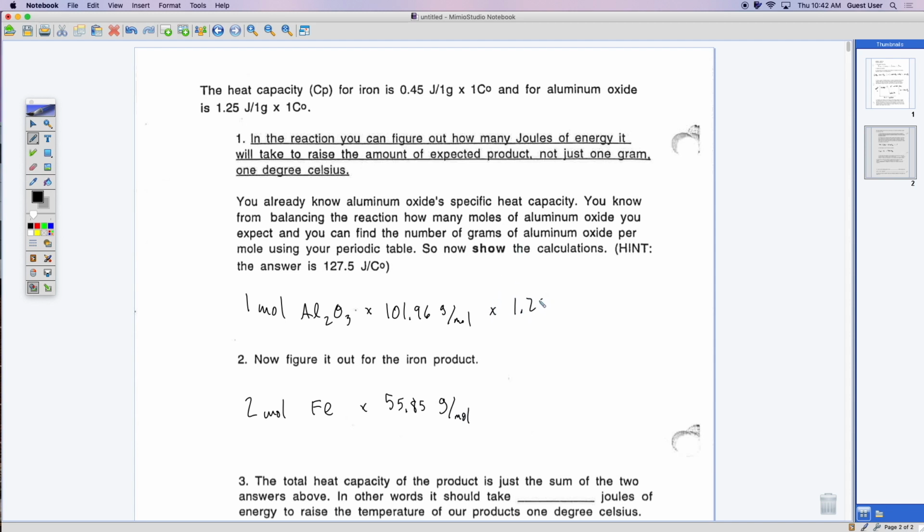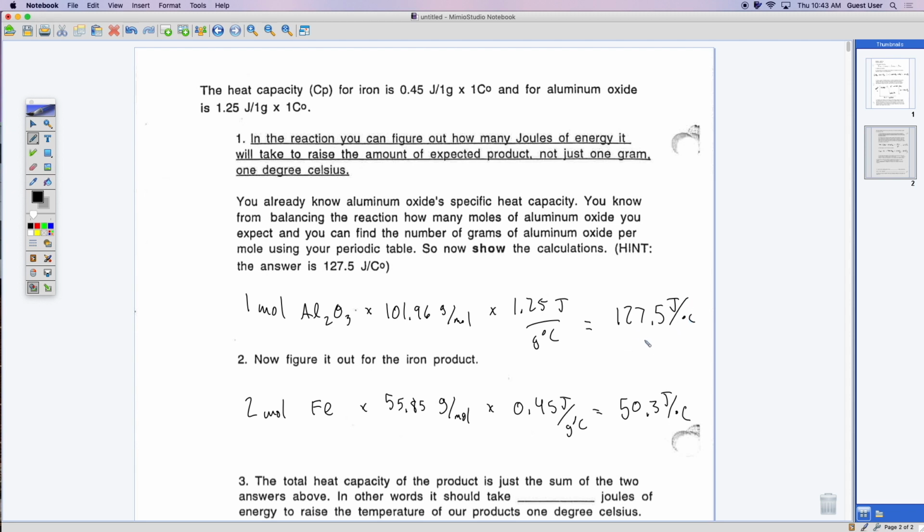For this one, it's 1.25 joule per gram degree Celsius. For this one, it's 0.45 joule per gram degree Celsius. And you're going to get 127.5 joules per degree Celsius here and 50.3 joule per degree Celsius here. This is not per gram degree Celsius, it's just per degree Celsius.